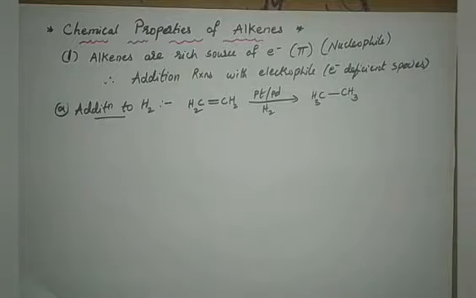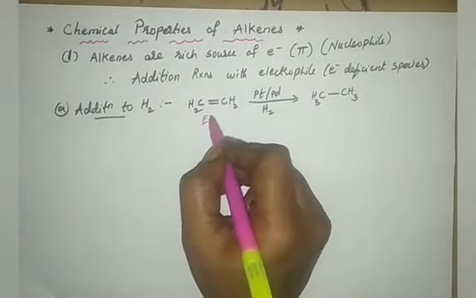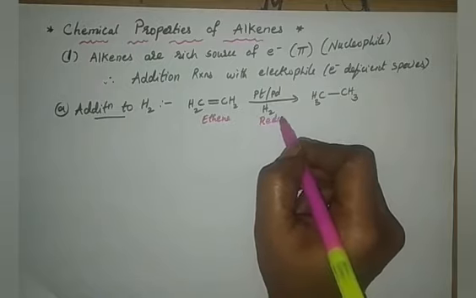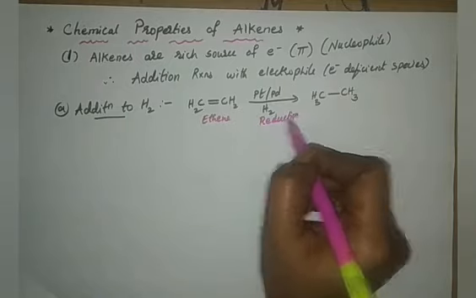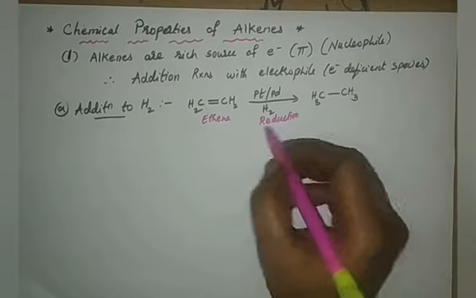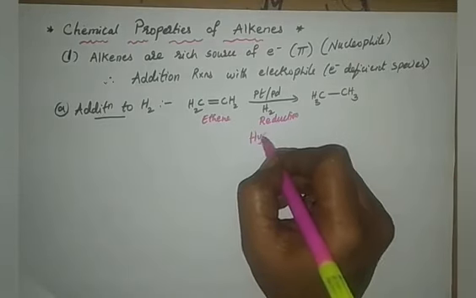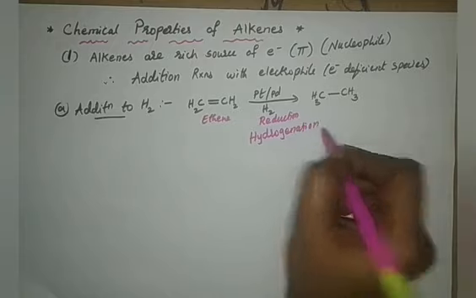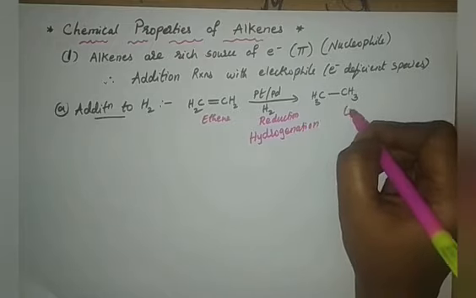Here ethene undergoes reduction, because addition of hydrogen is reduction, or hydrogenation. I call this a hydrogenation reaction, and I get ethane.